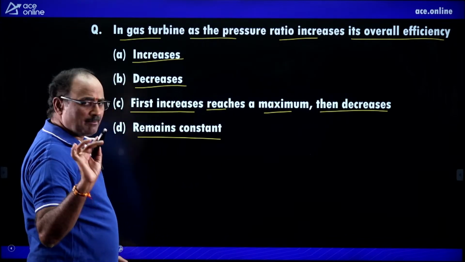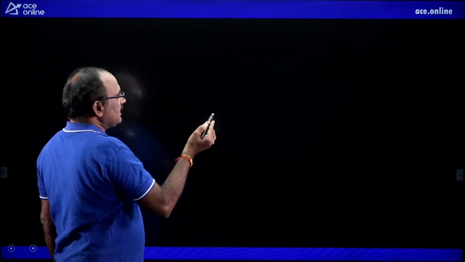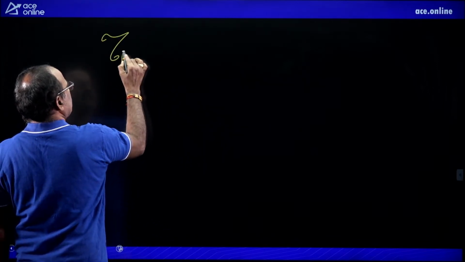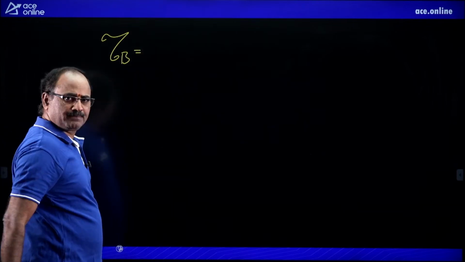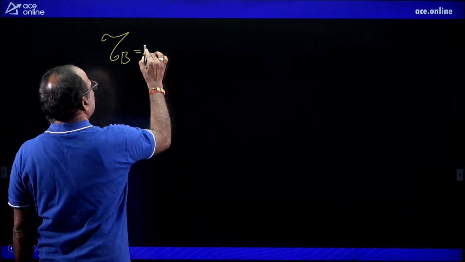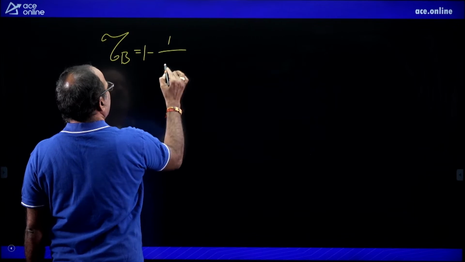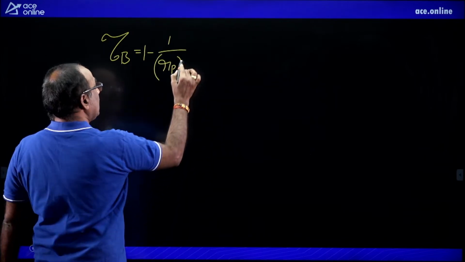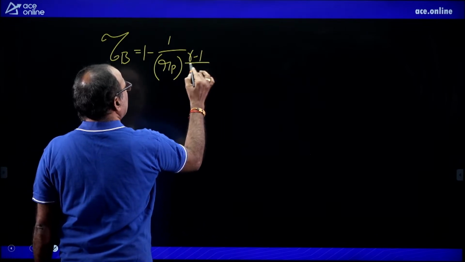Dear friends, remember, for the gas turbine power plant, the efficiency, I can say the Brayton cycle efficiency, is equal to 1 minus 1 by Rp power gamma minus 1 by gamma.